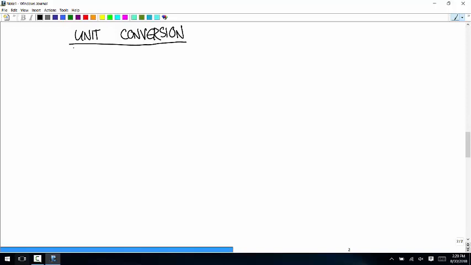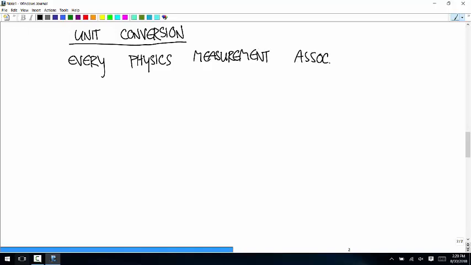And the idea of units is, first of all, every physics measurement needs to be associated with units.